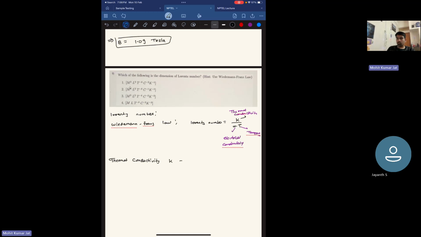Kappa is equal to, this will be watt per meter Kelvin. And if I write it, watt is nothing but joule per second, so joule per meter second Kelvin. Joule I can write as kg meter square per second square, so it will be kg meter per second cube Kelvin.